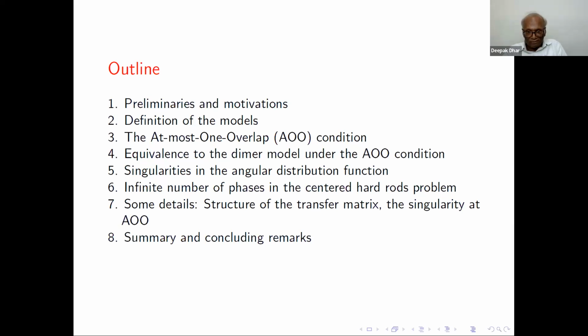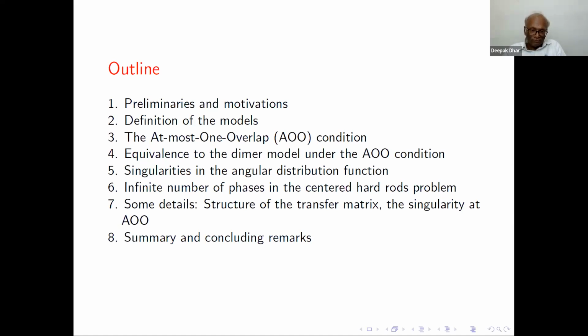And one of the results is that you can define something like the angular distribution. In this model, there are some rotors and they have orientations, and they are in thermal equilibrium. So there is a probability distribution of the orientation of the rotors.